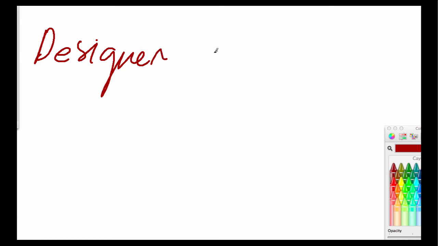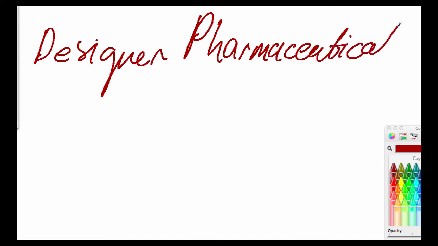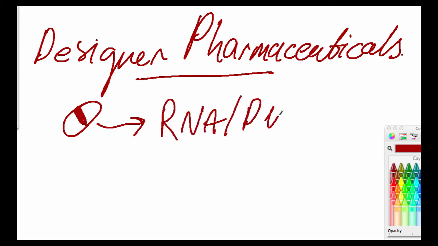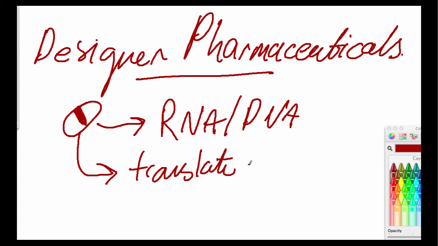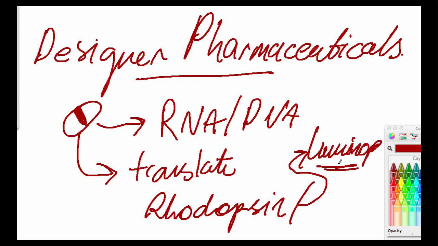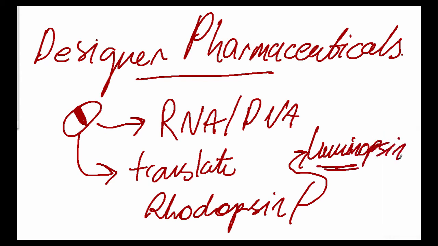In the pharmaceutical industry, designer pharmaceuticals will essentially allow us to take a pill that provides us with the RNA, maybe DNA, that will mutate and translate to the proteins, to the rhodopsin and the luminopsin that we need to provide support for mental illness.